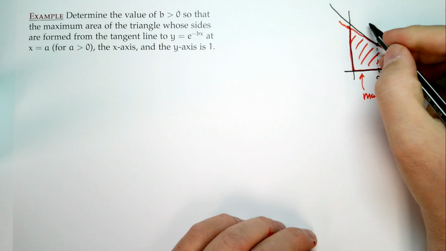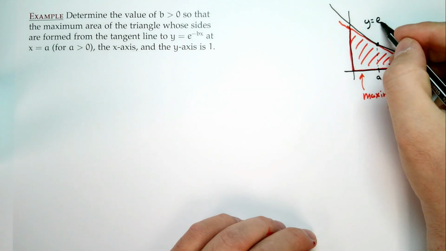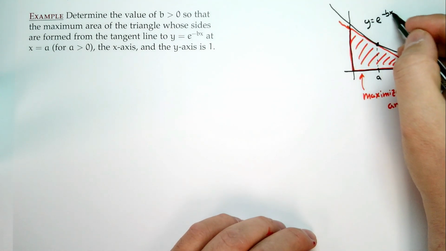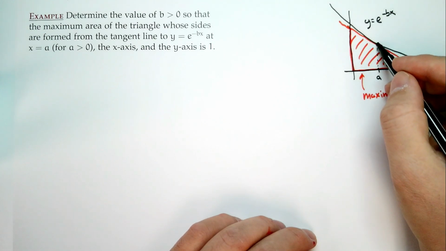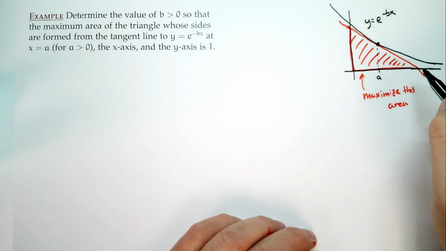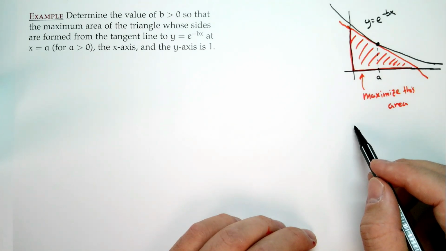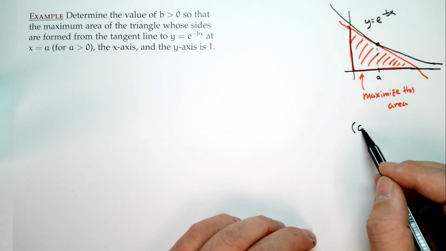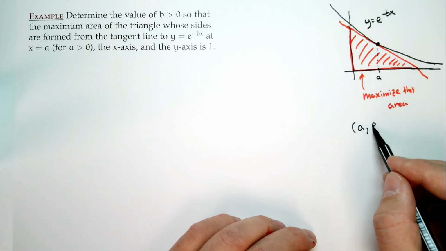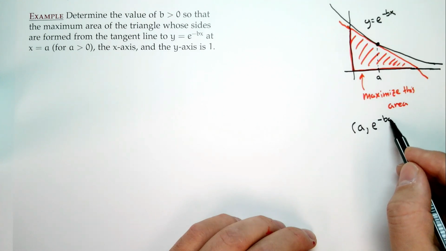So here we go. This is the curve y equals e to the minus bx. I'm going to focus on finding this tangent line. If I want the tangent line, what do I need? Well, I need to know the point. The x-coordinate is a, the y-coordinate is e to the negative b times a.